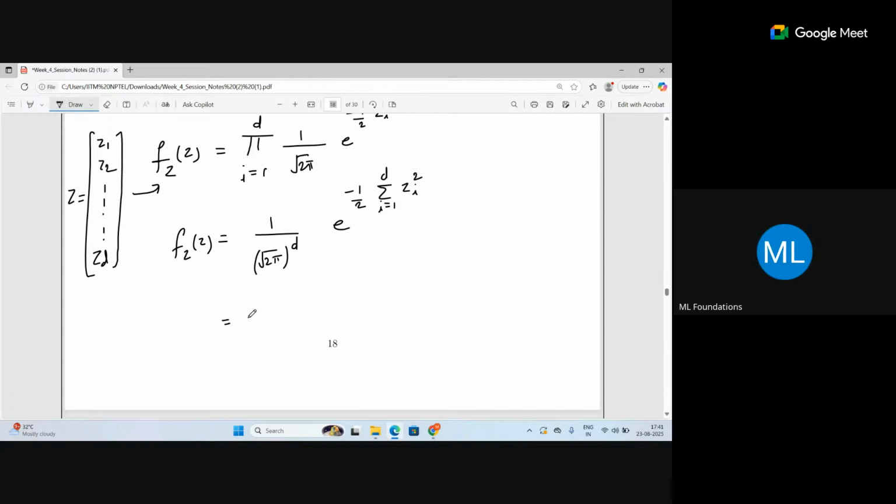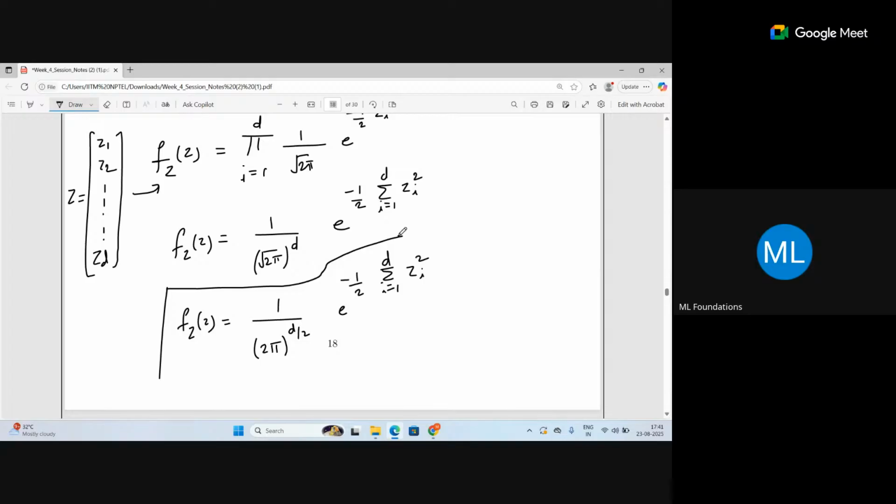If I further simplify this, it will look like 1 upon 2 pi to the power d by 2, because root 2 pi is 2 pi to the power half, and multiplying that half with d gives d by 2, times e to the power minus half summation of i equal to 1 to d zi square. This is what f z of z looks like.